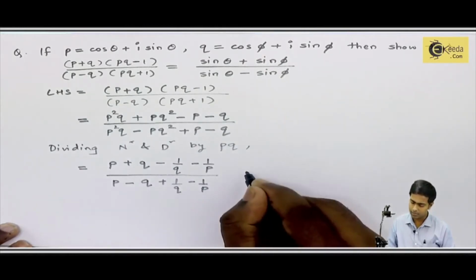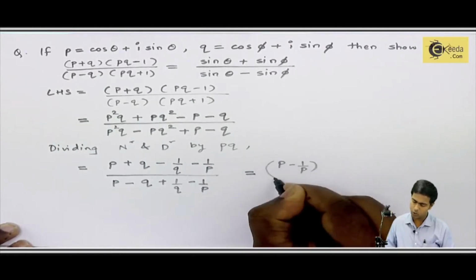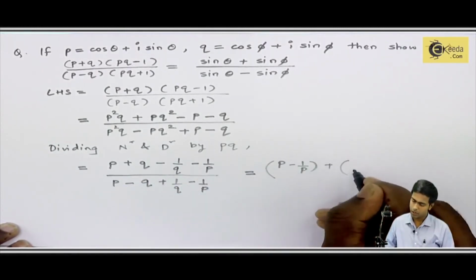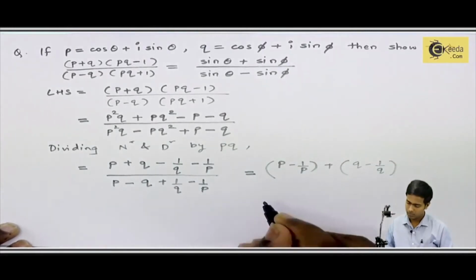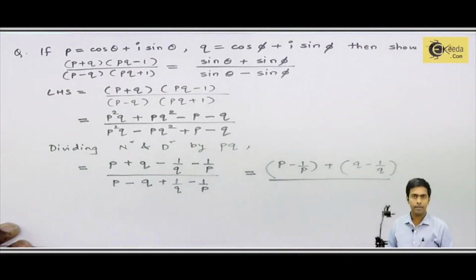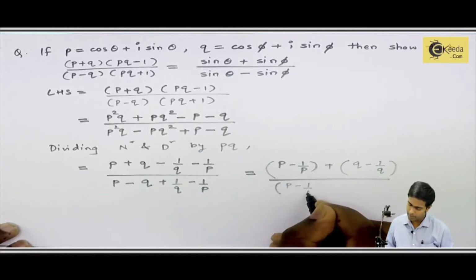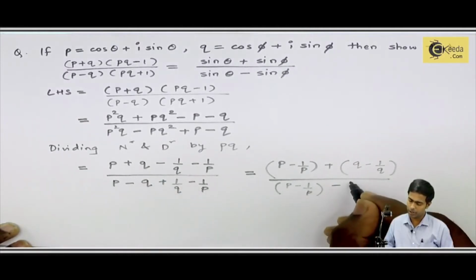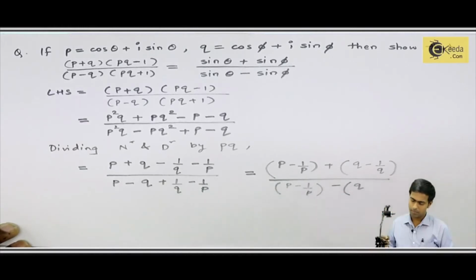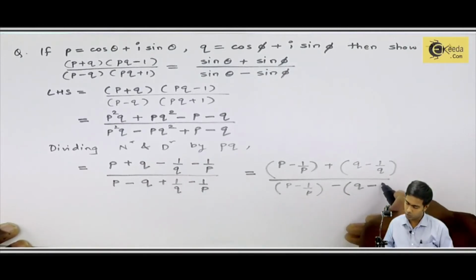So it will give us P minus 1 upon P, it is together, plus Q minus 1 upon Q together, upon P minus 1 upon P, minus sign I am taking outside, so Q will become positive, and this 1 upon Q will become negative, so minus 1 upon Q.